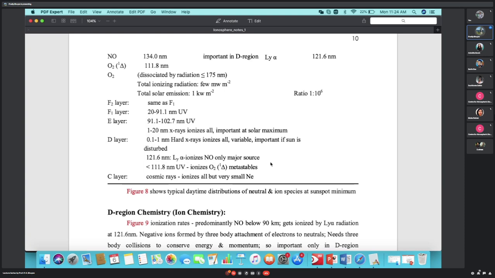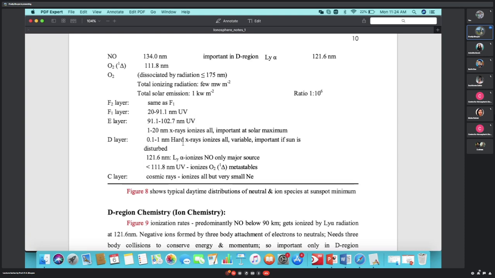So in the E layer, in F1 and F2, processes are a little simpler. It is only UV radiations that dissociate as well as ionize. In the E layer, you have two processes, UV plus X-rays. X-ray also is a radiation, but ultraviolet, and then it goes to the lower boundary, X-rays. In the D layer, you have different types of ionization processes.